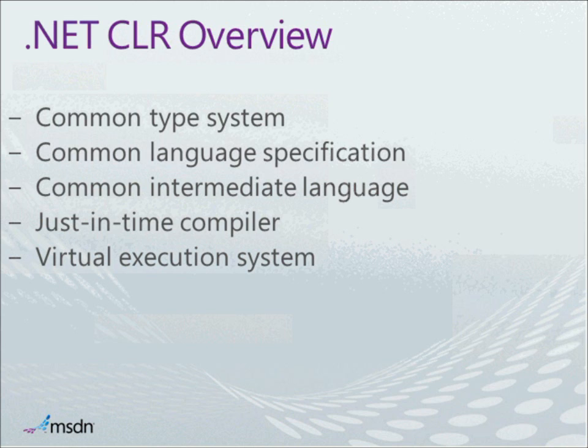So this gives us this concept of a virtual execution system, where I can have an application compiled and optimized on the first run, and then on any subsequent runs, any code that's reused can simply be executed right from that point, regardless of what app is actually making the calls into those functions. So that helps us virtualize our code execution model that way.